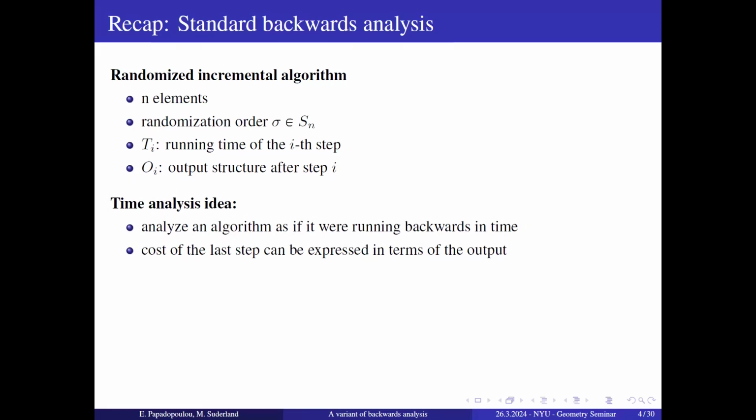It is based on the observation that the cost of the last step of the algorithm can be expressed as a function of the complexity of the output structure. So the main bound is that we bound the time complexity in the ith step for some permutation sigma in terms of the output structure that we get after the ith step. Here I just write f for some function.